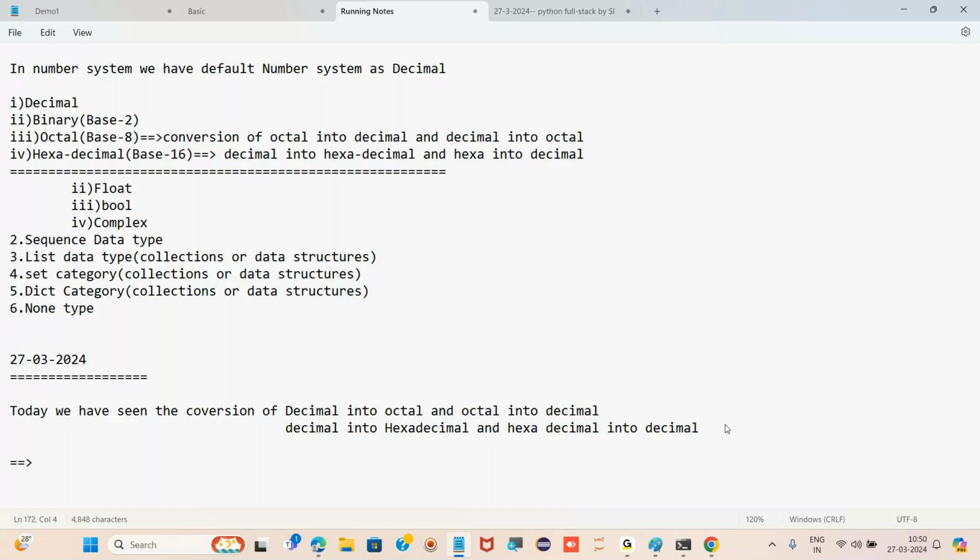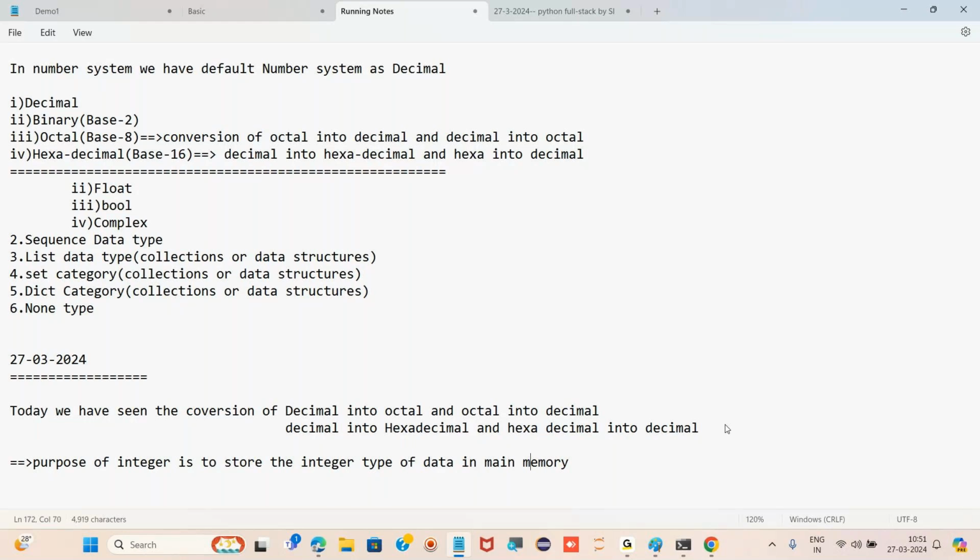The purpose of integer is to store the integral or integer type of data, in where? In the main memory, right? So this is what integer is.